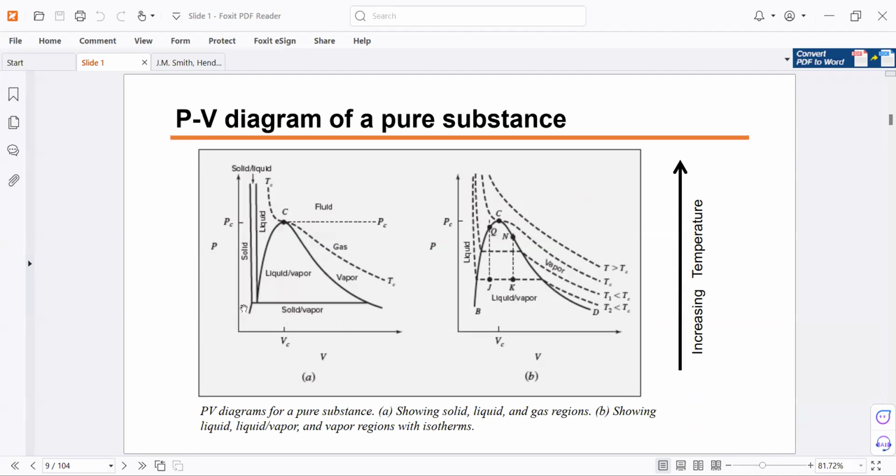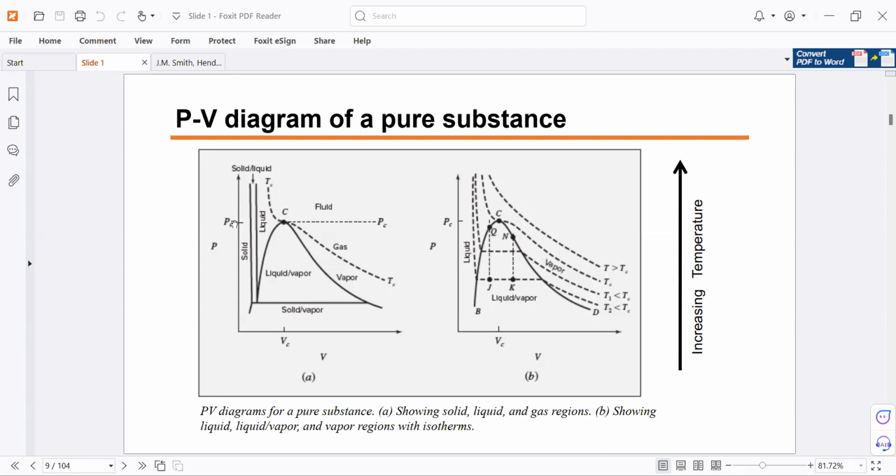So we have the line right here representing the solid phase, and the line right next to that is the liquid phase, and we have the vapor. One thing that we can also note from the graph is this point C right here on the top of this curve. That's the critical point.